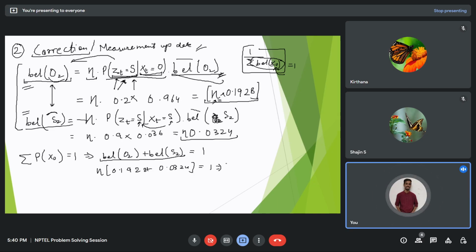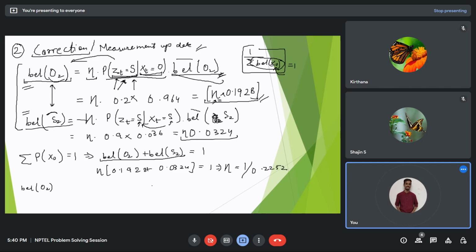This gives us eta equal to 1 over 0.2252. After this you can just replace the value of eta in these expressions and get the final probabilities.